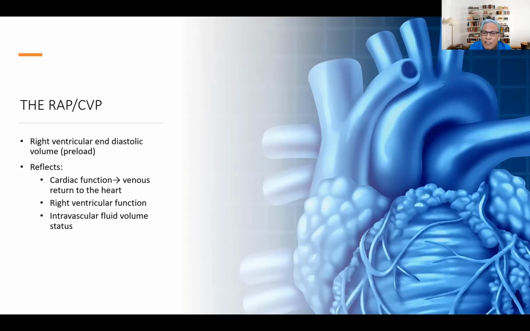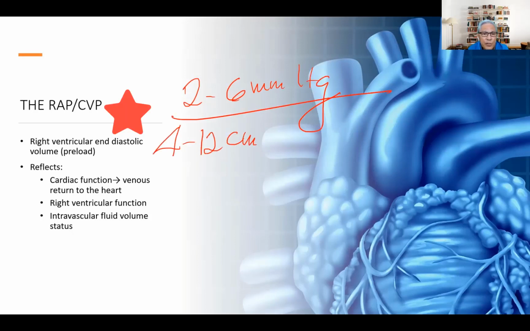We all know that CVP and right atrial pressure are influenced by venous return and, of course, cardiac function. The catheter measures what is known as central venous pressure, which is equivalent to right atrial pressure. The normal values of CVP are anywhere from 2 to 6 millimeters of mercury, or if we use water, around 4 to 12 centimeters of water.